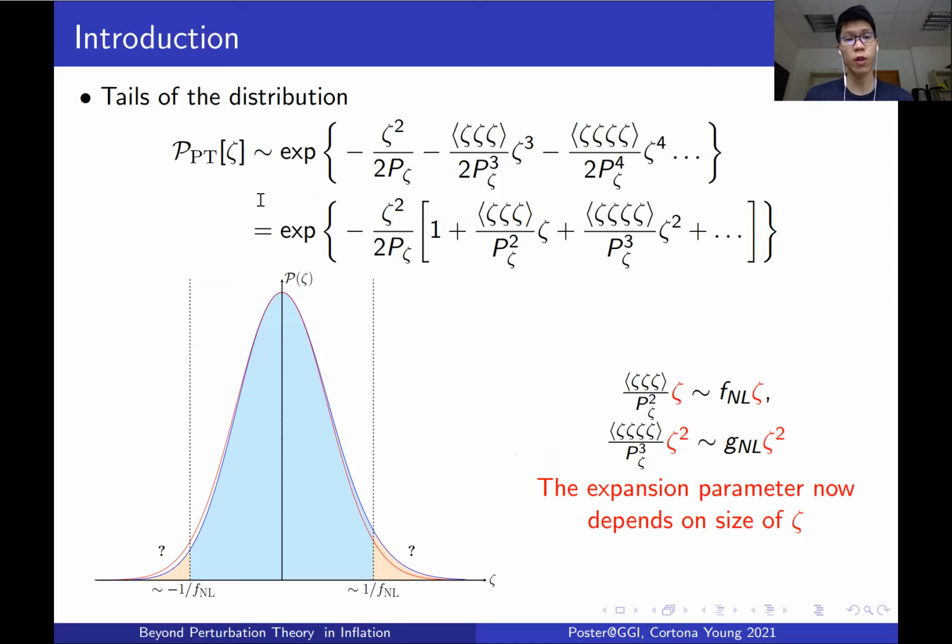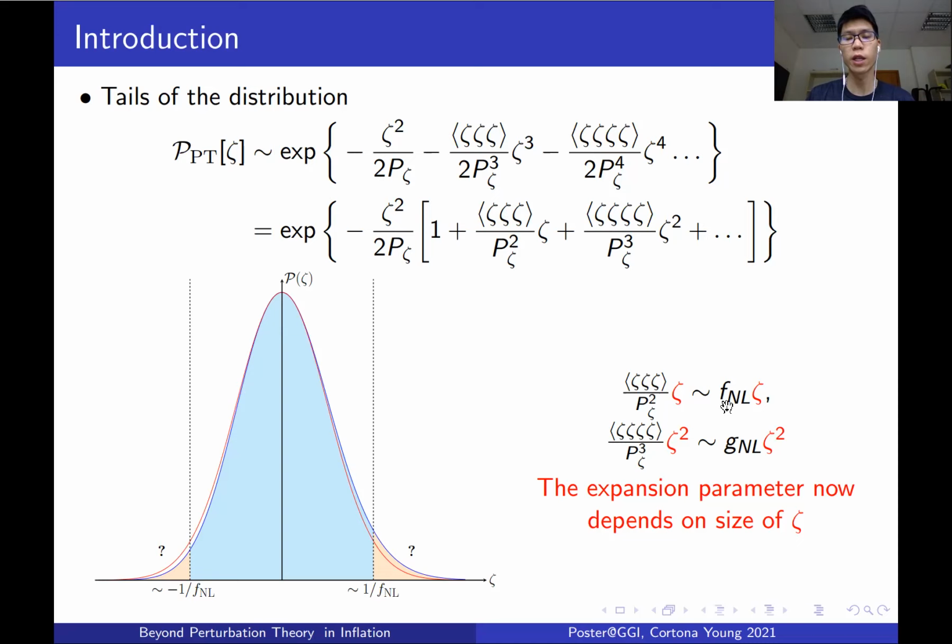If you want to write down the distribution function of the primordial field in perturbation theory, you start with the Gaussian piece plus some other corrections due to the 3-point function, 4-point function, and so on. These are just small deviations from being Gaussian. It's like you are exploring around the peak of the distribution. If you want to know the expansion parameter in this case, you can just factor the Gaussian piece out of all the terms.